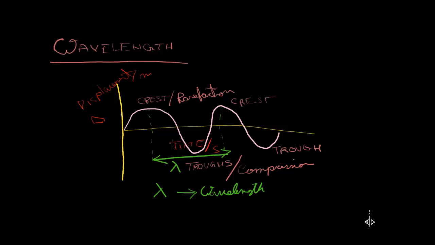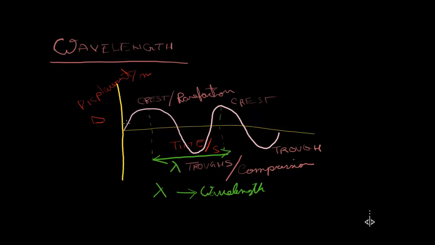This is how the displacement of a particular particle changes. This graph looks like the shape of a transverse wave, but this is not the diagram of a transverse wave. This is the graph which shows the displacement of one particular particle on the y-axis and the time on the x-axis.